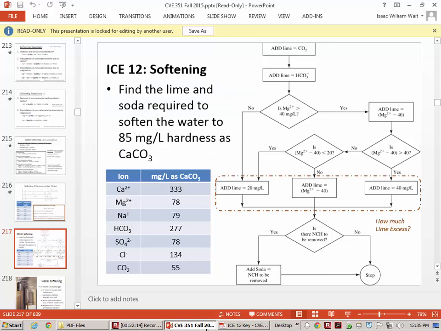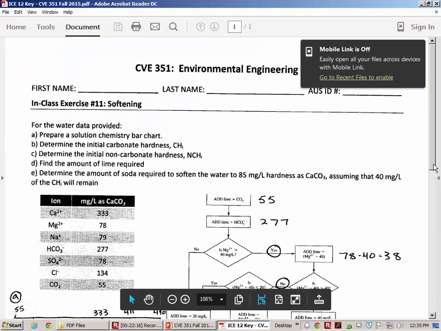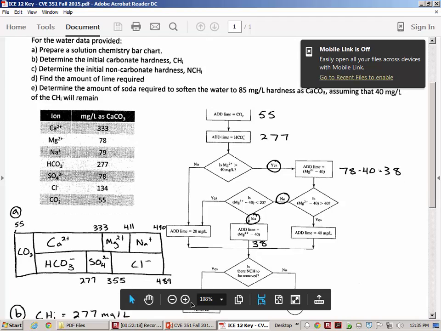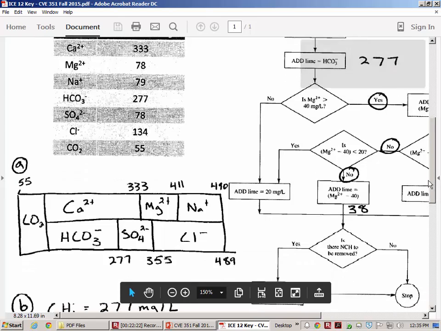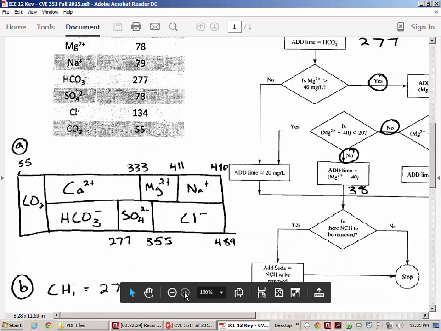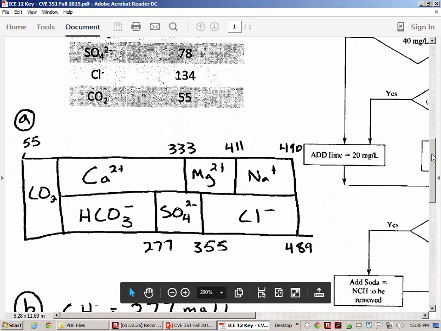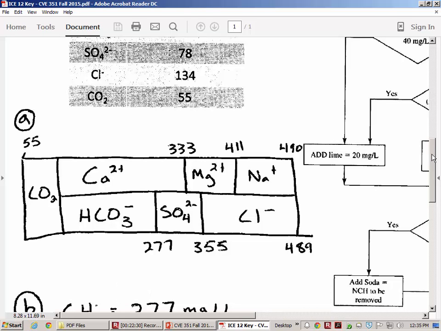All right, let's take a look at the bar chart. A lot of you have already noticed that the cations and anions don't add up, and that's pretty common. Think about where this value would come from. Somebody took a sample of water and they're doing testing on the sample. They're running it through an analyzer, and the machine maybe is more accurate at measuring calcium than it is at sodium.